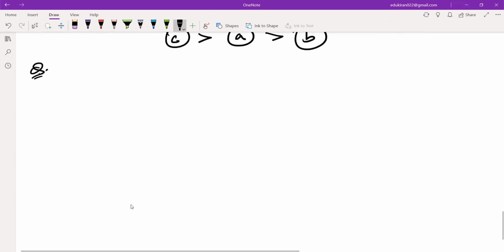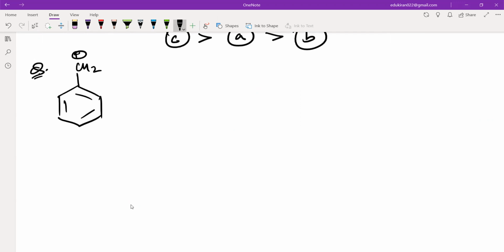Another question will be: you have CH2 positive, and then you have CH2 positive. Here you have NO2 group.